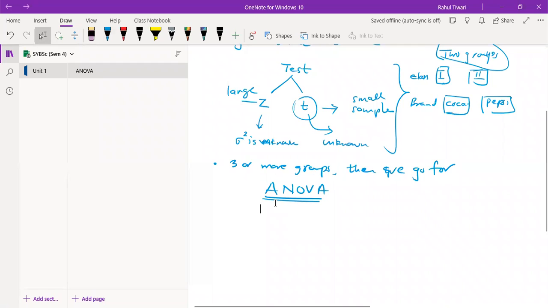But I can use ANOVA, though how to use it and what conditions need to be satisfied is what we need to see. Assuming the assumptions of ANOVA are satisfied, one can use ANOVA. So these are some of the examples.